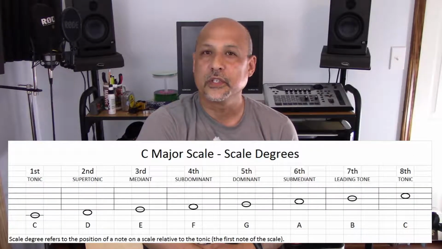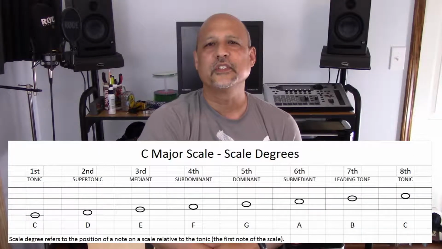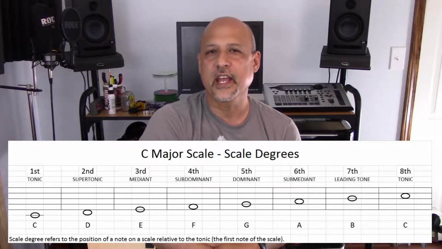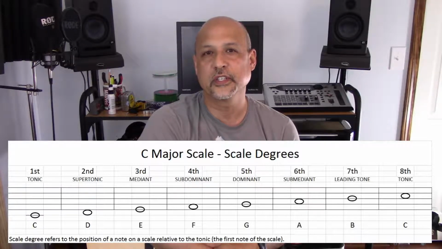Before we begin our study of these tips and techniques, let's add a few more terms and definitions that will help us in our study. The first is scale degree. Scale degree refers to the position of a note in a scale relative to the root note or tonic note. It's useful to know where a note falls in the scale. As you see in the chart, and we're using the C major scale here, each note of the scale degree has a name which helps to describe its position in the scale.